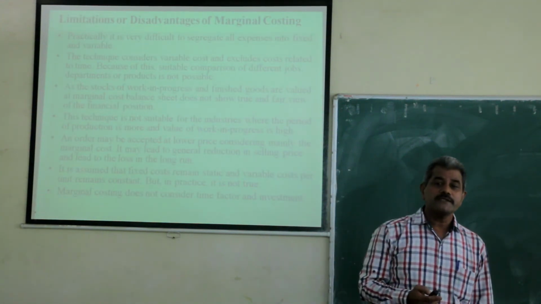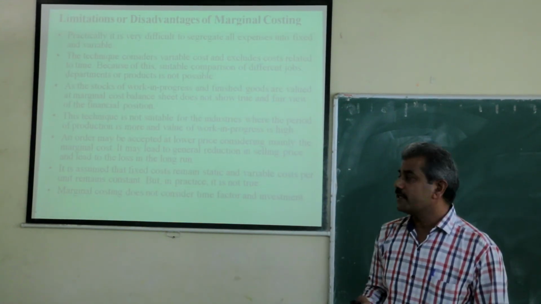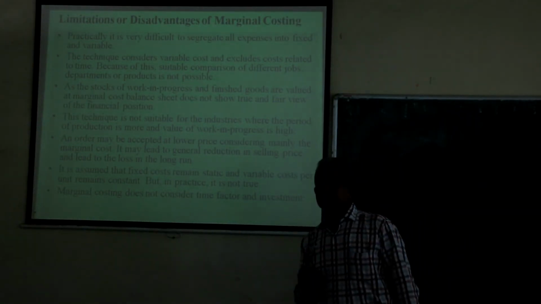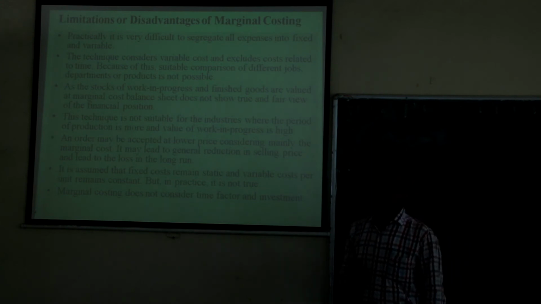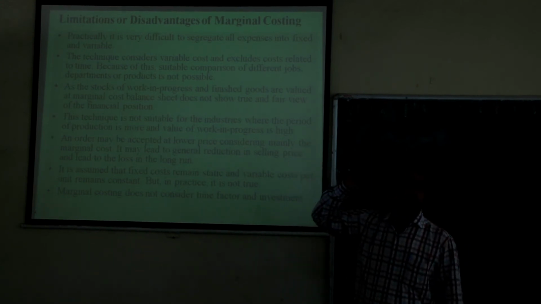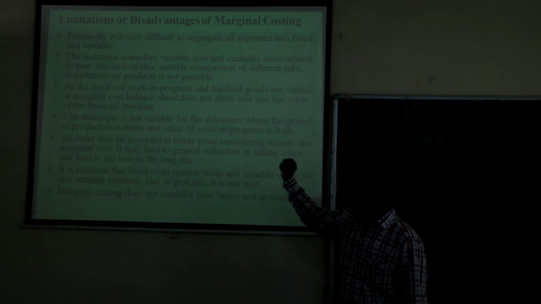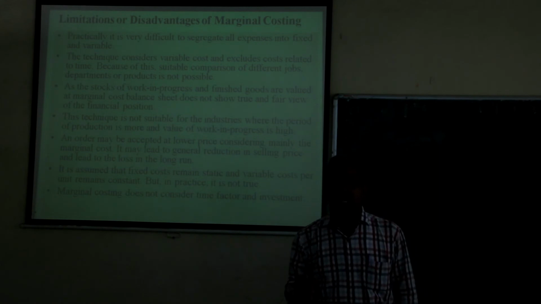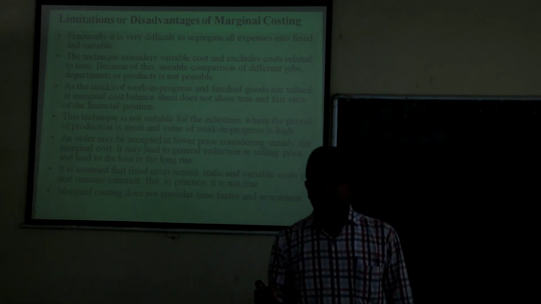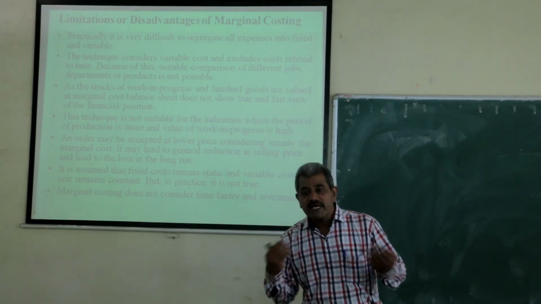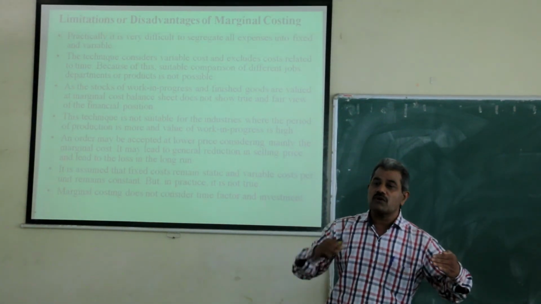There are some limitations of the marginal costing technique or CVP analysis. The very first limitation is that practically it is very difficult to segregate all expenses into fixed and variable categories. Total cost cannot be divided very accurately into the parts, fixed cost and variable cost.